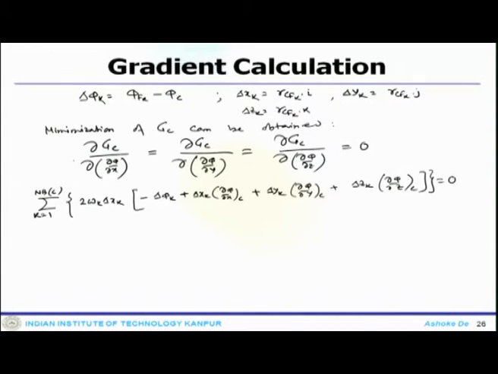So, that comes from the first expression. The second expression gets you back a similar expression, but it is on yk.